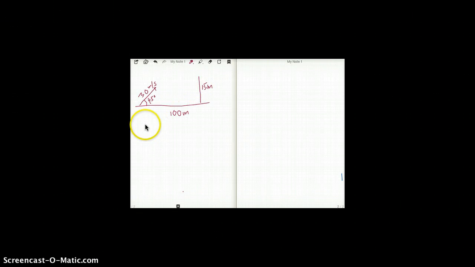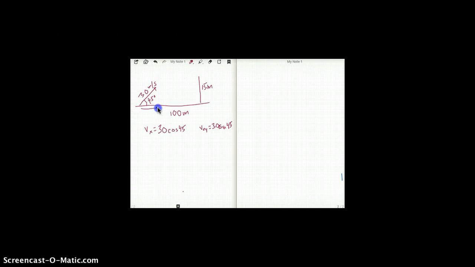Okay, so I redrew my picture with this 45-degree angle, and let's go ahead and right away split our 30 meters per second into components. When we take 30 times the cosine of 45, we get 21.21.